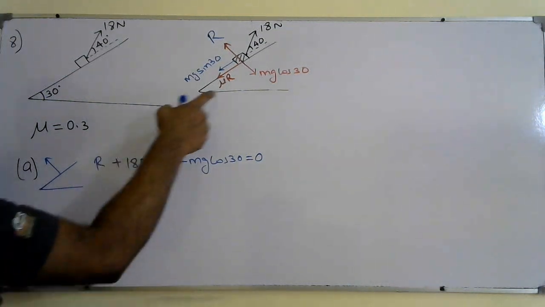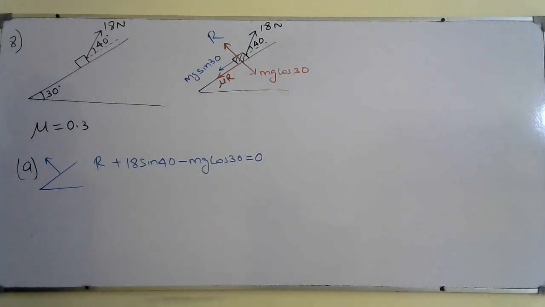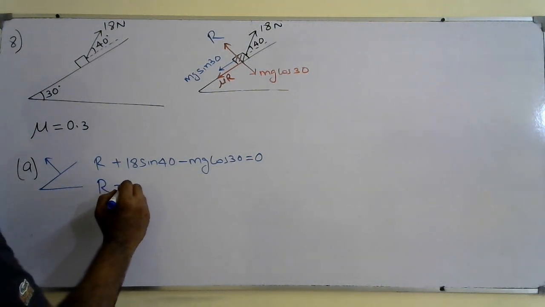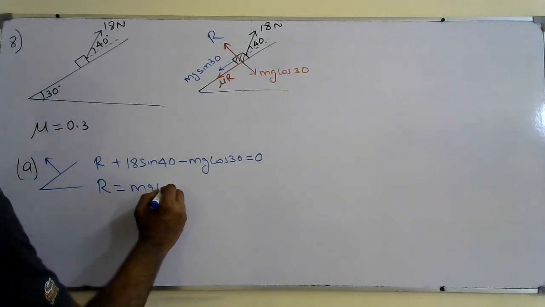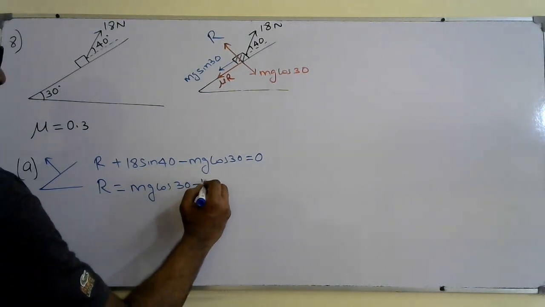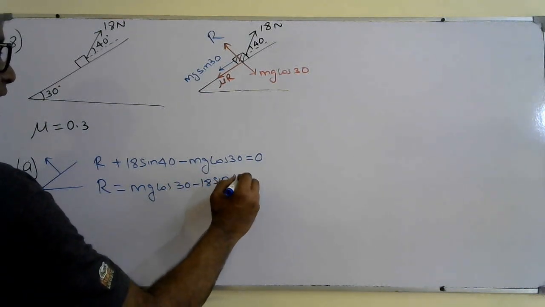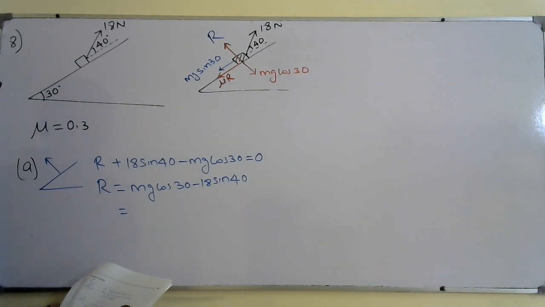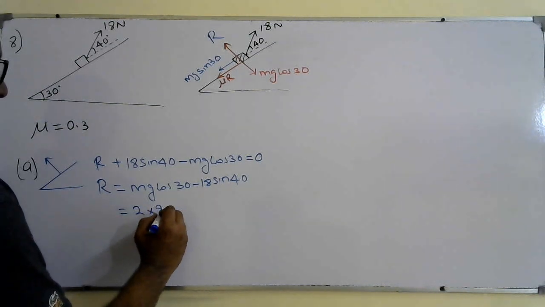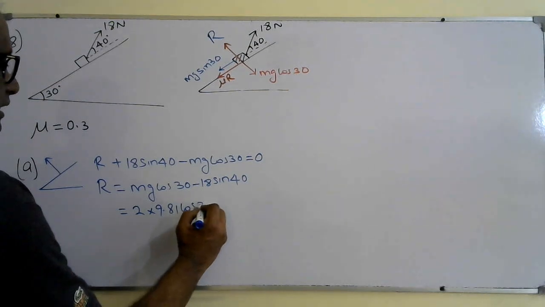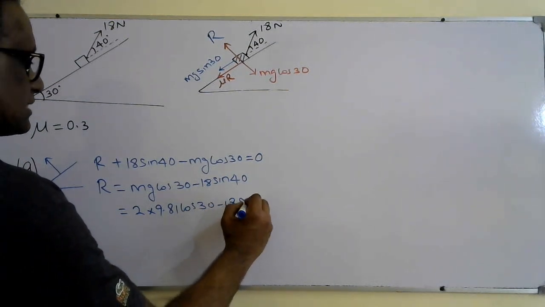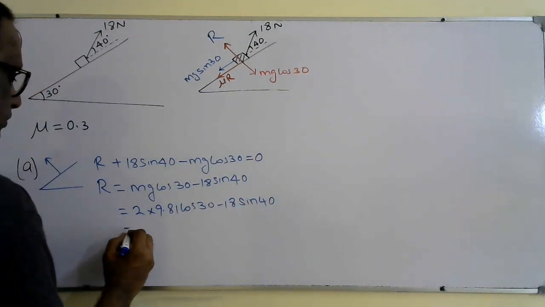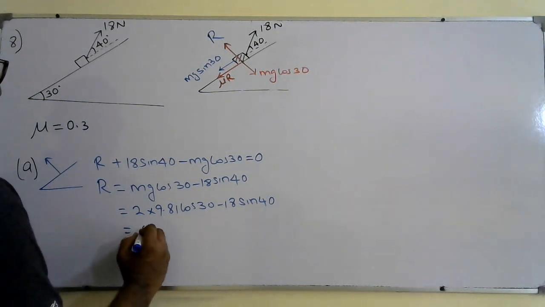We have to find R for the mu R. So first we'll find R. That is, R is going to be mg cos 30 minus 18 sin 40. The mass is given as 2 kilograms, so 2 into 9.81 cos 30 minus 18 sin 40. So R will be equal to 5.42 Newton.